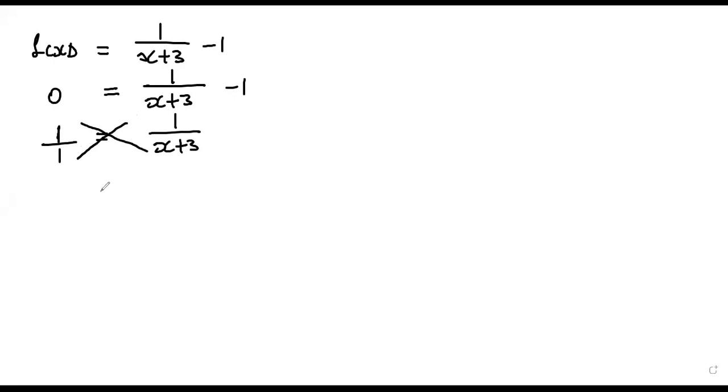So 1 times 1 is 1, then 1 times x plus 3 will just be x plus 3. If you make x the subject, you take 3 to the left, it becomes negative. So the x-intercept is -2, meaning the coordinates of point A will just be -2 and 0.